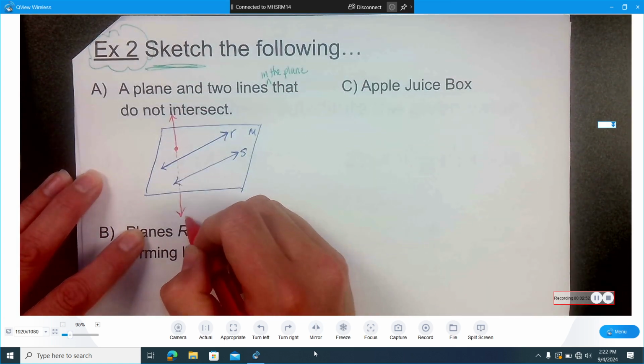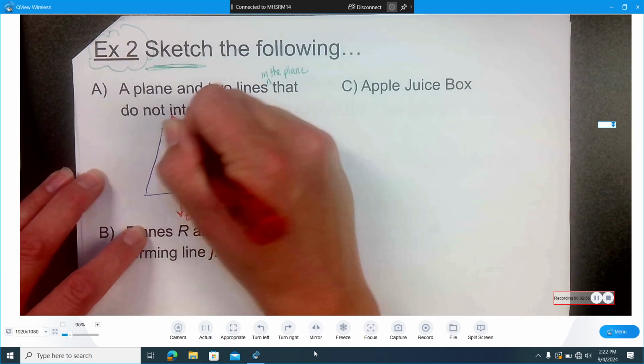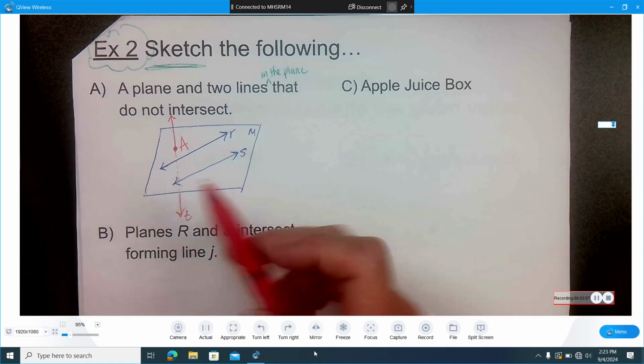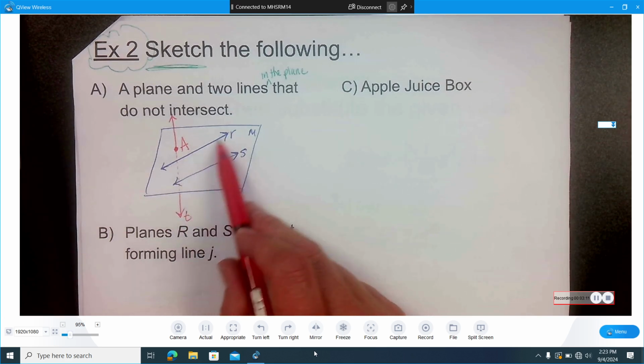Maybe this is line T, intersecting my plane at point A. So line T intersects at 1 single point, okay? Versus intersecting at a whole lot of points when we're lying in the plane, all right?